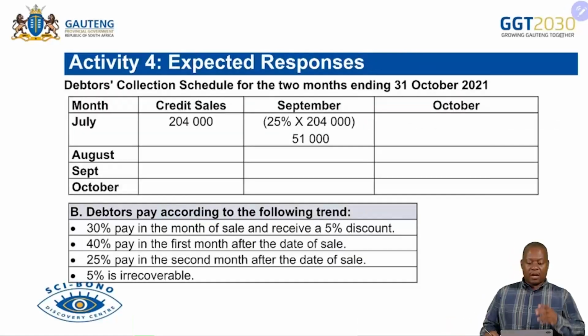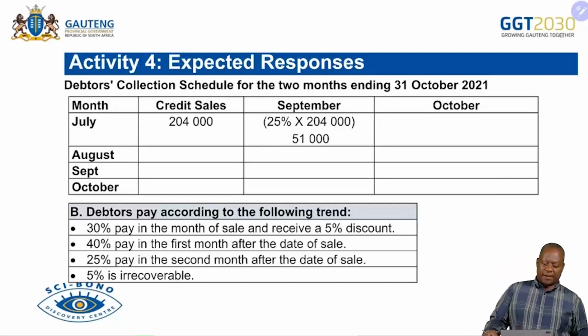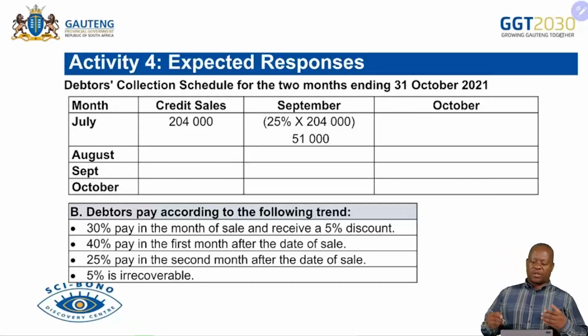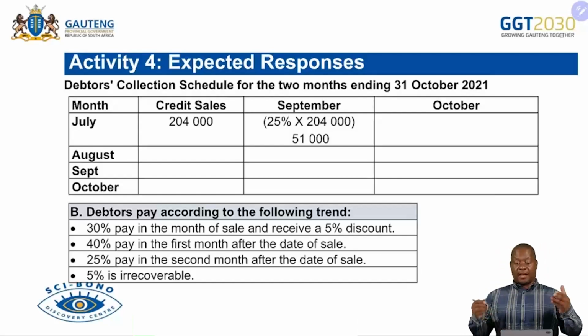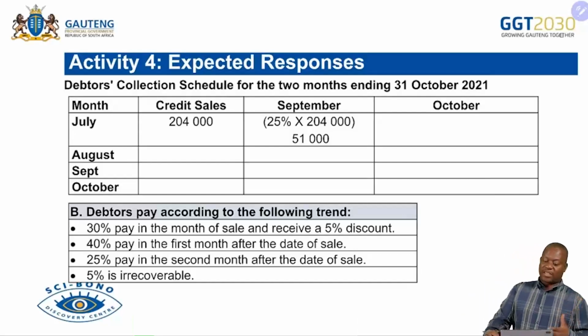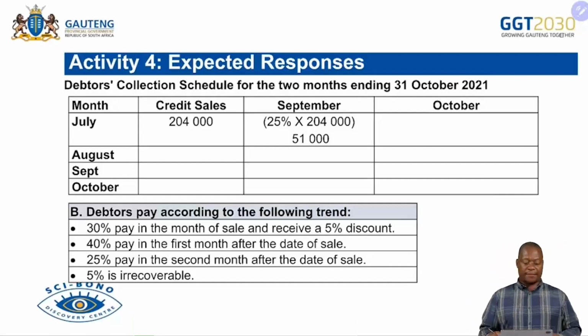Now, the next information says here, debtors collection schedule for the 2 months ending 31 October 2021. So we start with our credit sales for July. It's given there. And then they are saying here, debtors pay according to the following trend. Check here. 30% in the month of sale to receive a 5% discount.